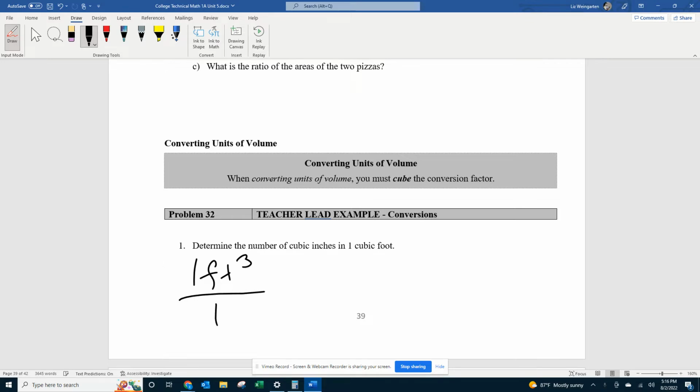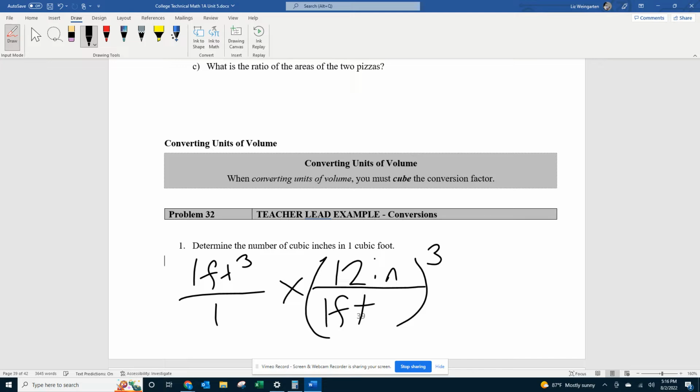over 1, and we're going to convert it to inches. So we want feet on the bottom, right? There's going to be 1 foot. There were 12 inches in 1 foot. So just like before, we are going to have to take this to a power, but this time it is going to be to the 3rd power. So we're going to cube it.